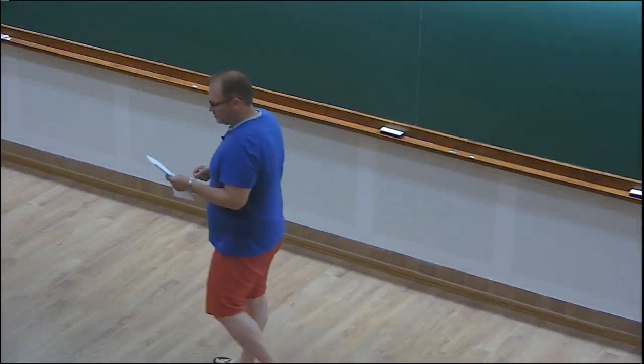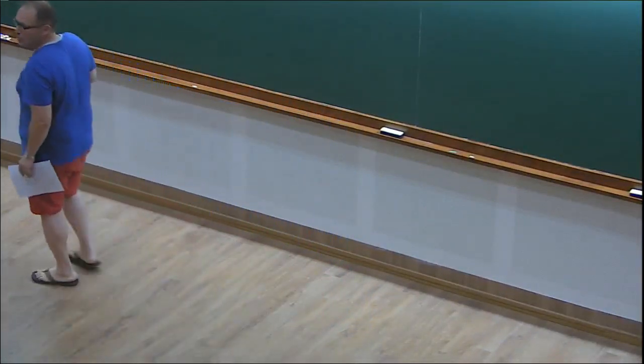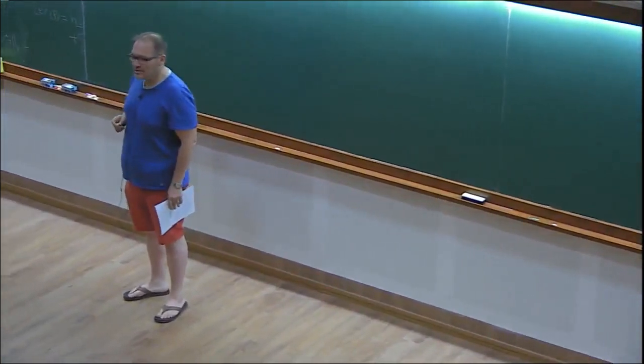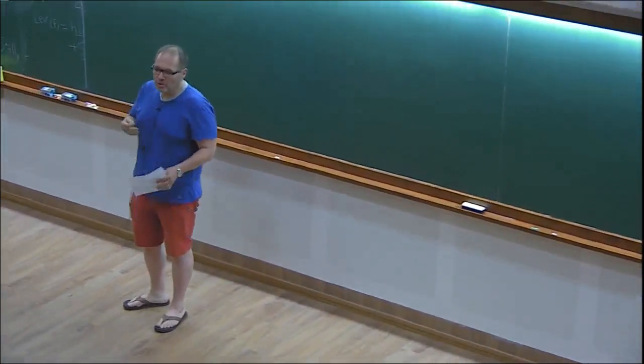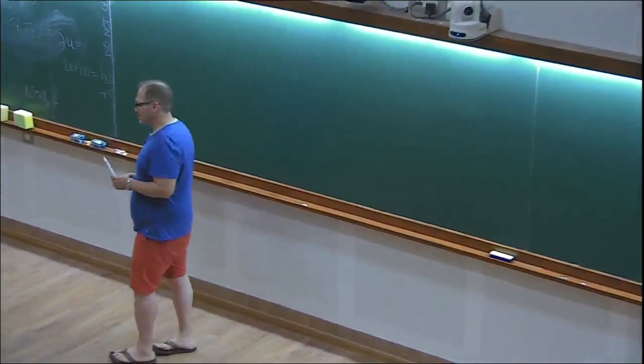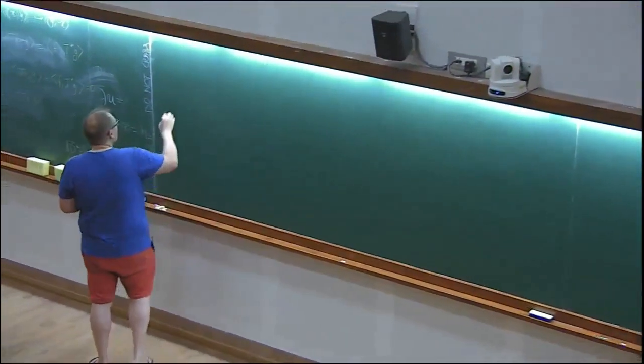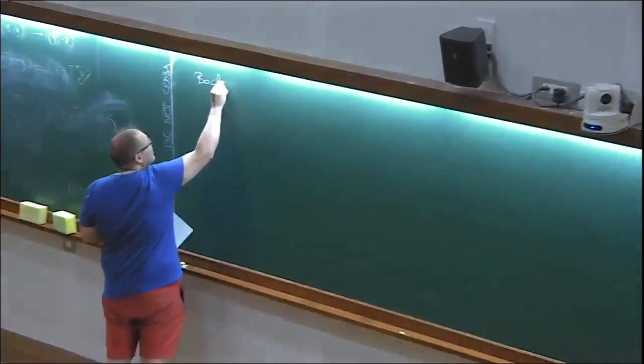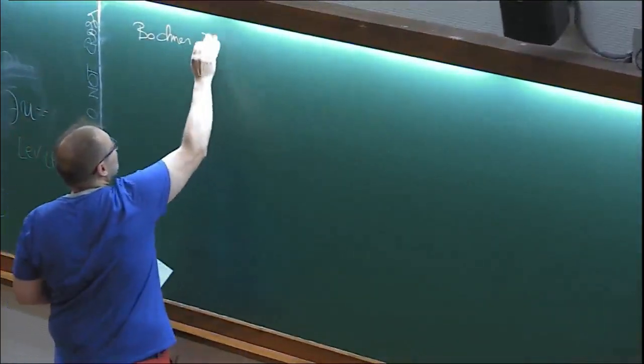Okay, so now we get to use all this language that I spent 3 lectures developing. We won't use all of it, but still needed all the definitions. So I want to talk about the Bochner-Kodaira identity today and see how far I get.